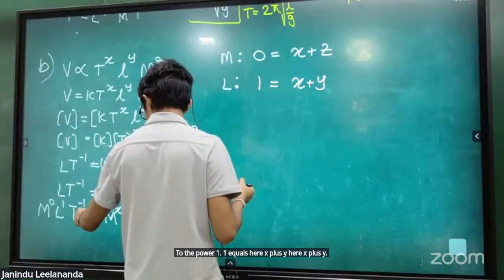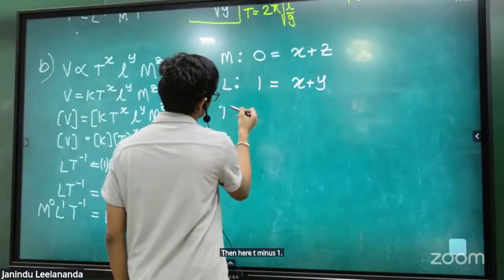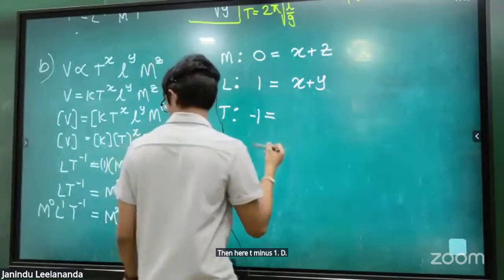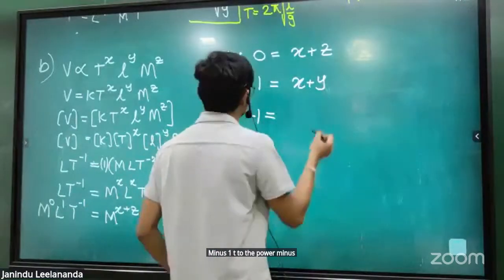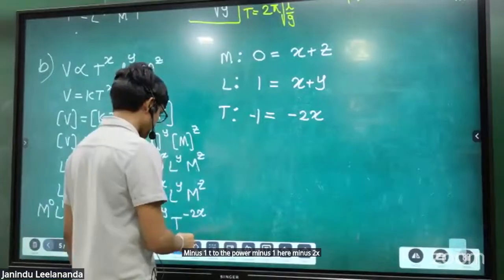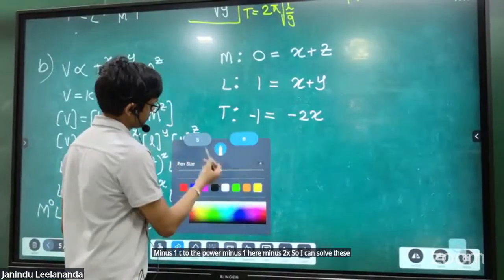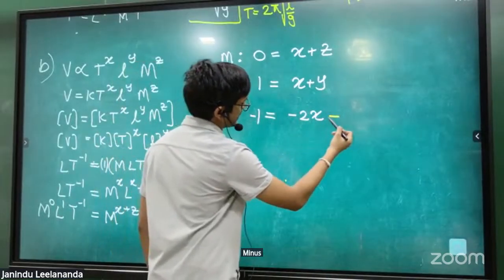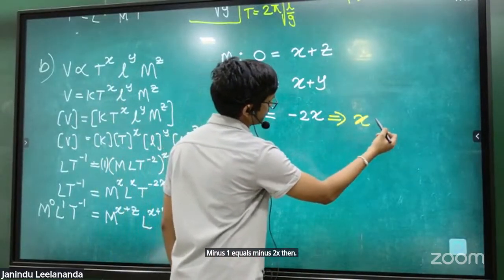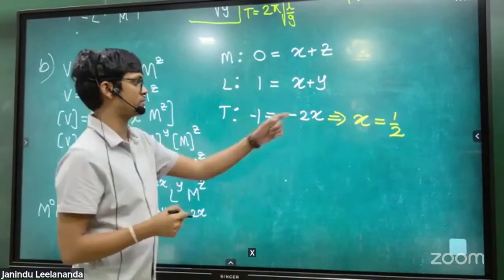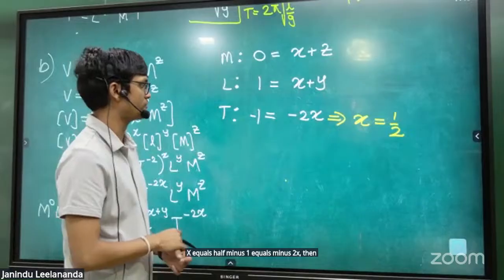Then t to the power minus 1 equals minus 2x. So I can solve this. Minus 1 equals minus 2x, then x equals half.